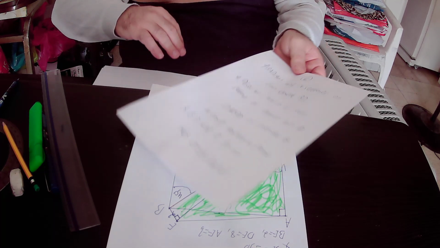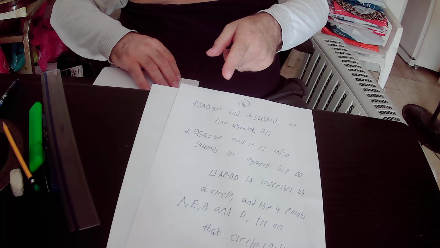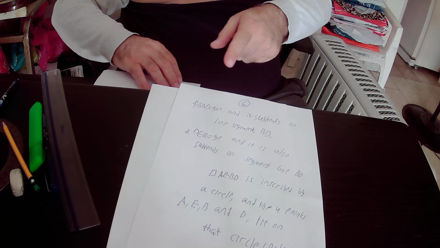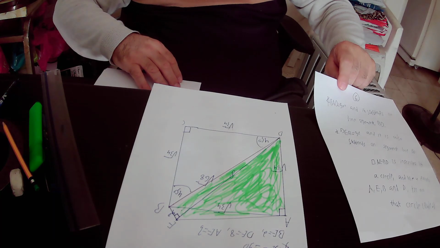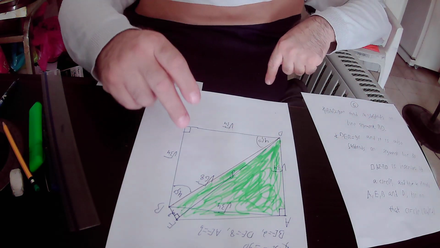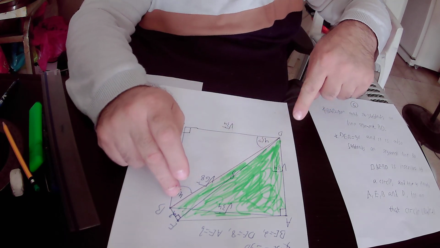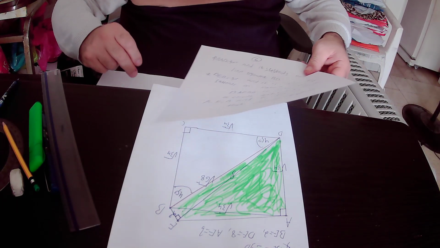Angle BAD equals 90 degrees, and it subtends on line segment BD, and this angle BED also subtends on the same line segment BD.